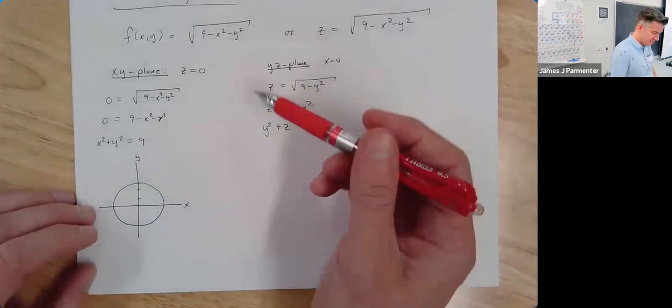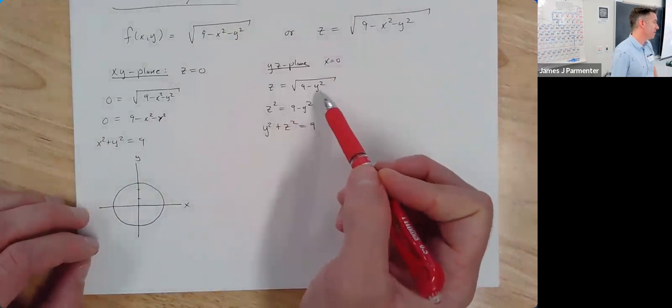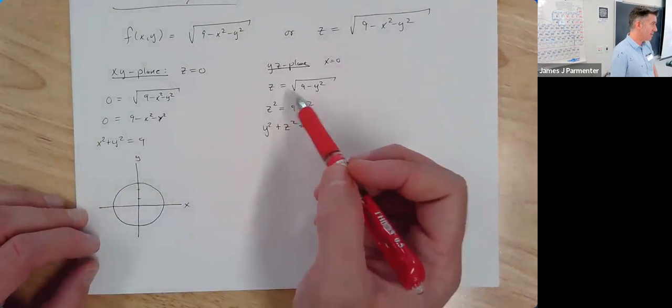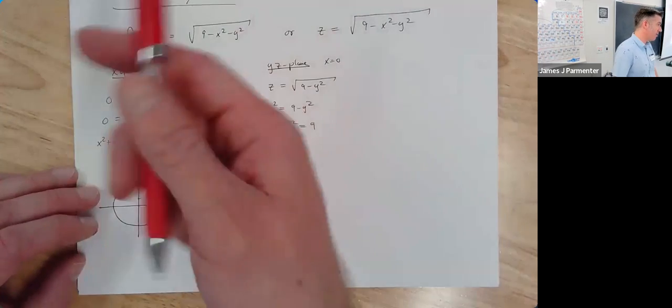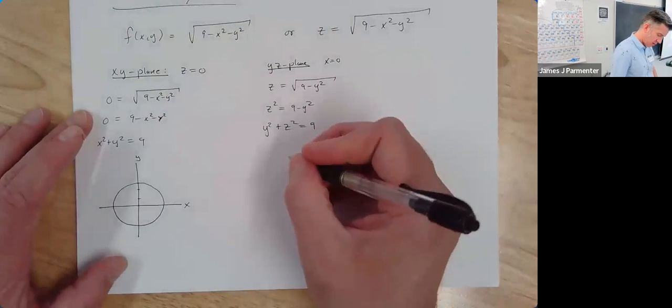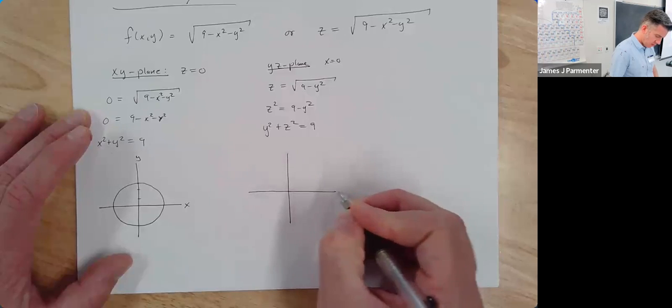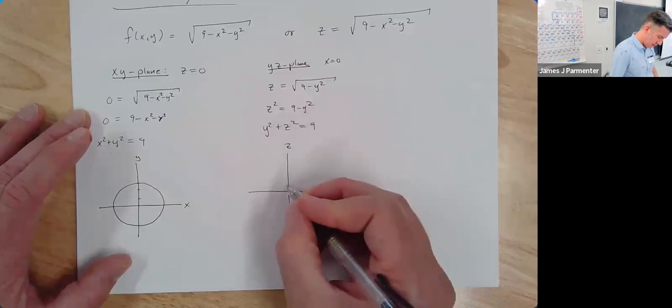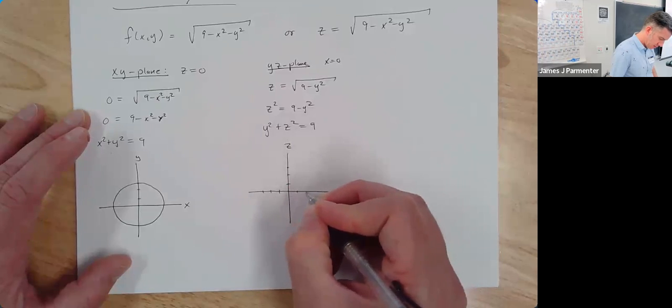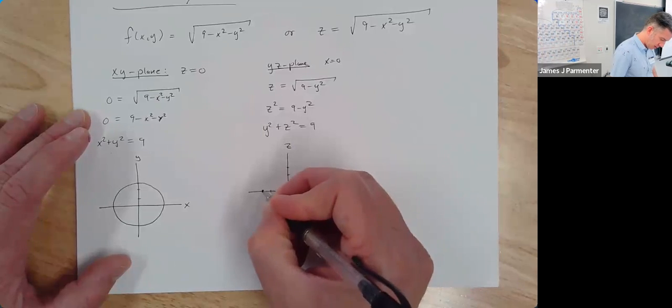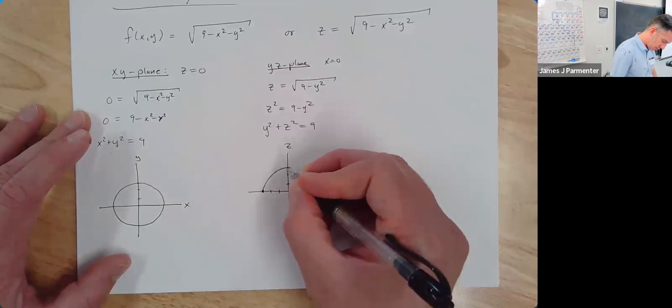Because z is equal to the square root of 9 minus y squared, and that means z has to be non-negative. You can't get a negative value out when you take the square root. So here, the trace in the yz plane is just the top half of the circle of radius 3, or the semicircle of radius 3, centered at the origin.